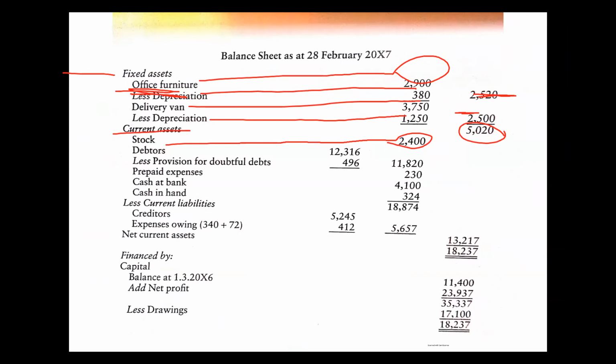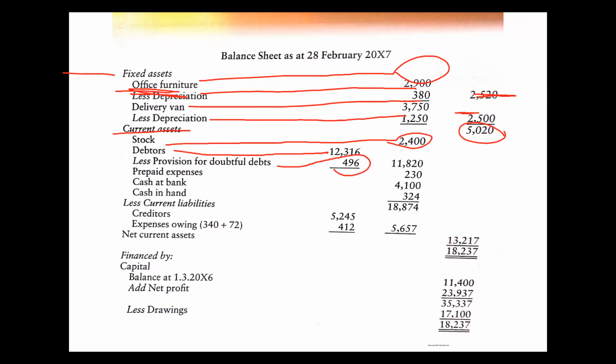We are interested in the financial position right now as at 28th February 2017. What was the stock? So you record the closing stock. Very, very important. Then debtors. You should less the provision for doubtful debt.